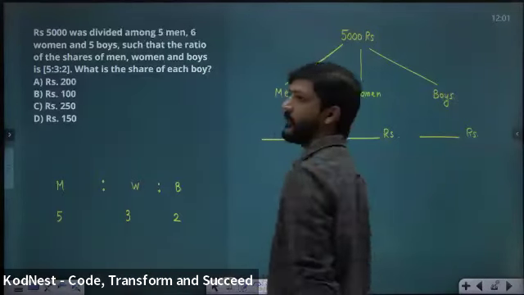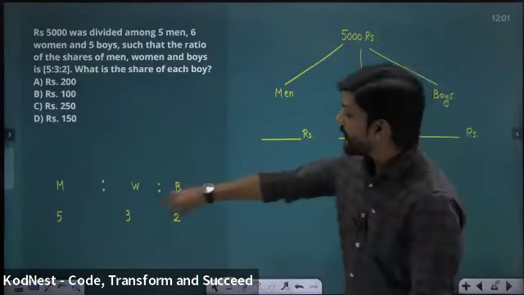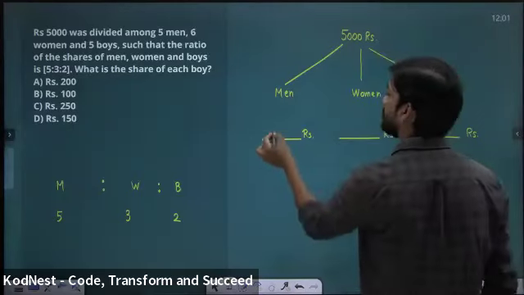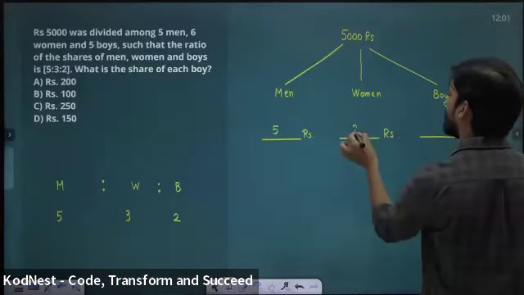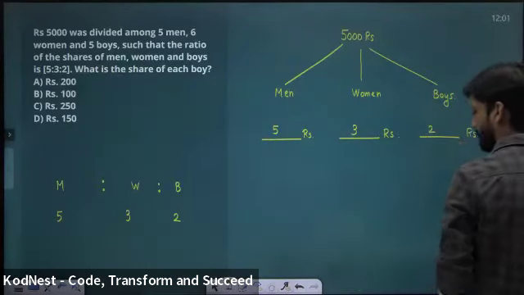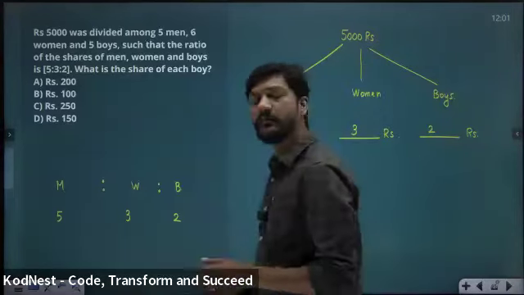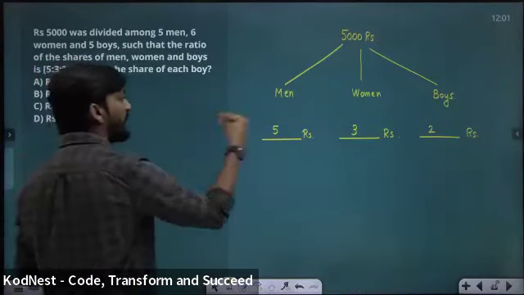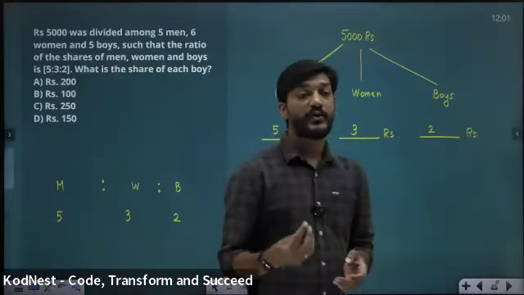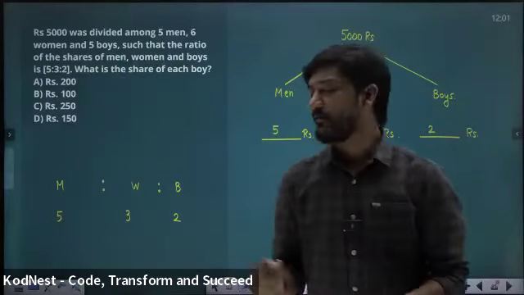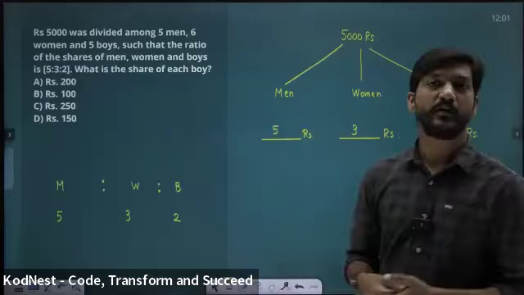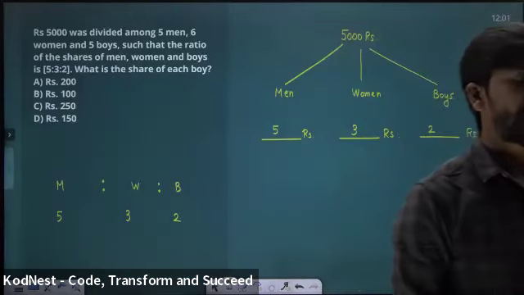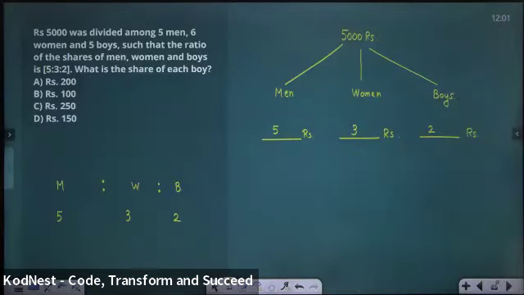I'm directly taking the values from the ratio: 5, 3, and 2. Do you see any problem? I know it is not right. But please answer. If I take these values, what is the problem right now?